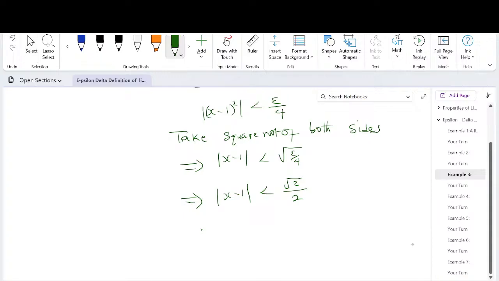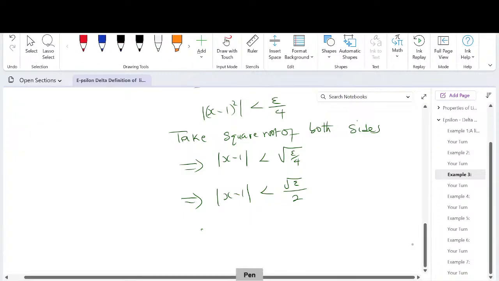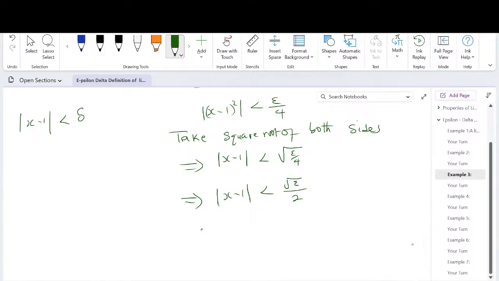So we compare this now with the absolute value of x minus 1 is less than delta. You see that delta is the square root of epsilon over 2. But don't forget that we took a step towards x minus 1, a unit step.